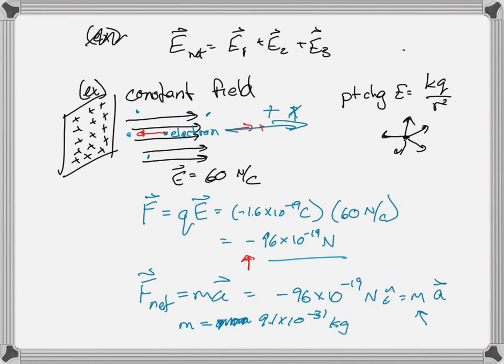And so we can go ahead and plug in the mass of the electron to find the acceleration of the electron. Let me go ahead and just write this on a new page. Sorry about the mess.